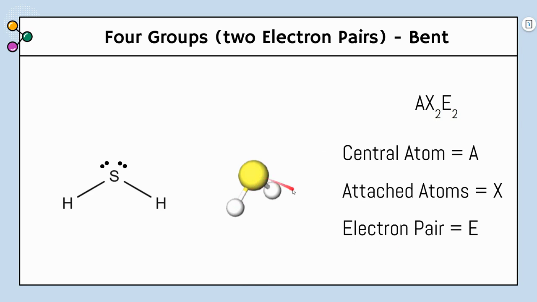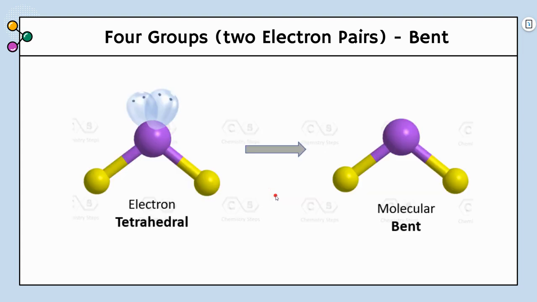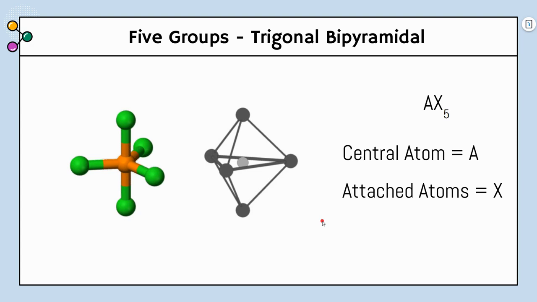And this forms a flat molecule, but it's actually bent at an angle, and we call this the bent structure. So just like before, the tetrahedral arrangement is there if we counted the electron pairs, but when we don't and we just look at the molecule itself, it just forms this bent shape.